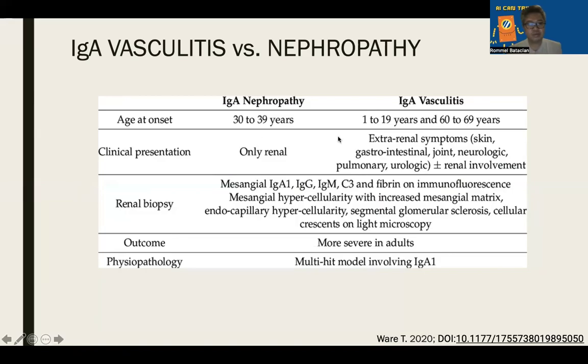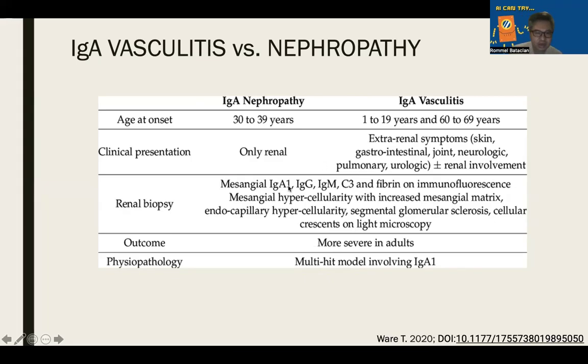IgA nephropathy is very common in young or mid adults, while IgA vasculitis occurs at the extremes of ages, the pediatric age group and the elderly. IgA nephropathy is primarily renal. IgA vasculitis would have extrarenal symptoms as well. But in terms of its biopsy, it's the same in immunofluorescence.